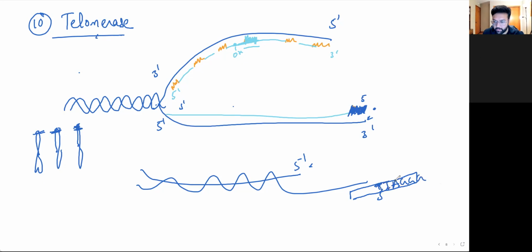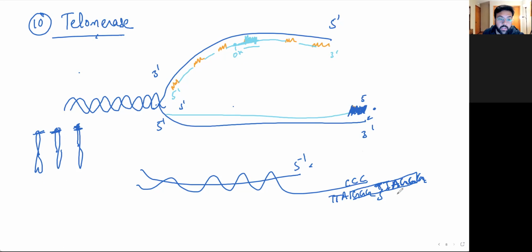TTAGGG. This is the RNA template. And this RNA template, luckily, will be almost complementary to the ends of the 3' end here. So if I'm writing GGG here, it has to be TTA. So you will find something complementary in the ends, right? Like this is CCC. Okay.